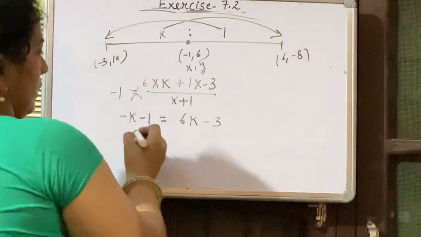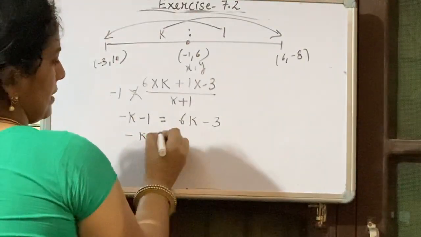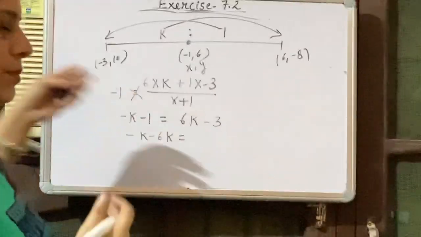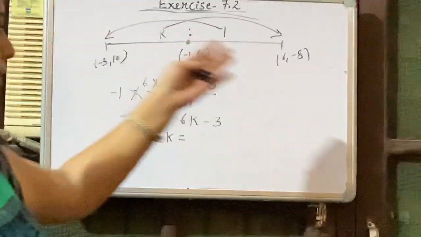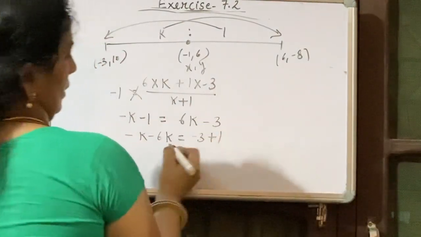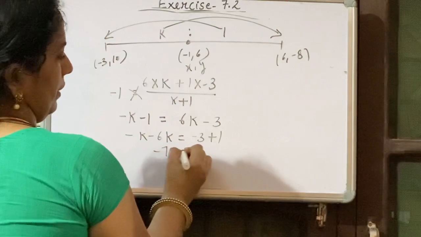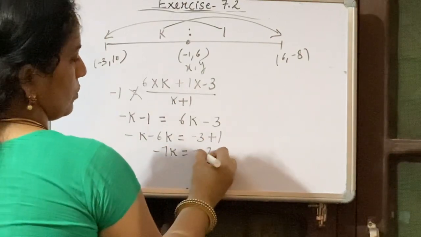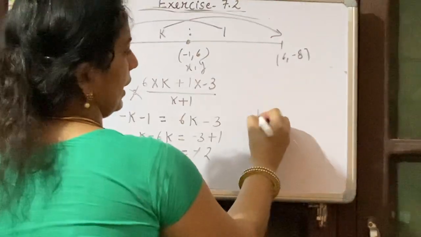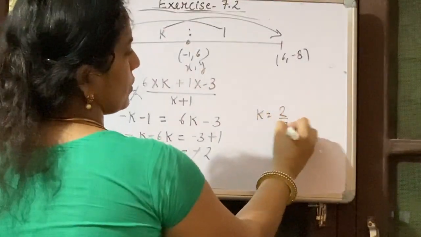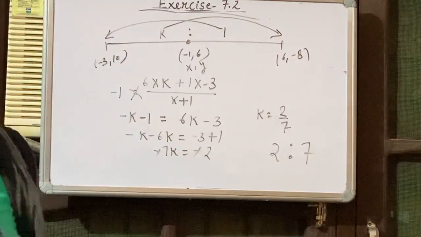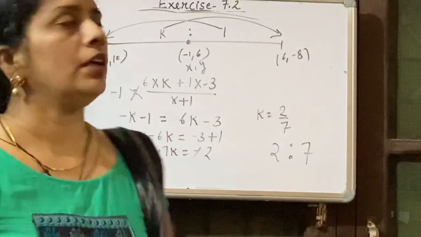Then minus 6. Transpose the like terms: constant terms on one side and variable terms on one side. -7k equals -2. Cut the negative sign. Then the value of k is 2:7. That means our required ratio is 2:7.